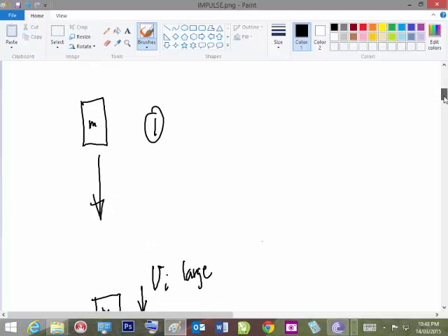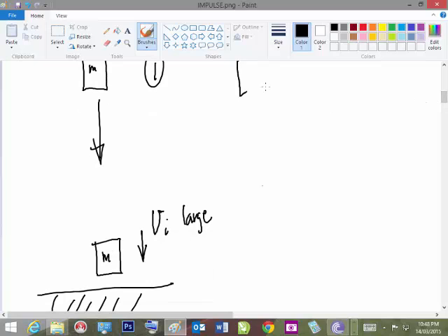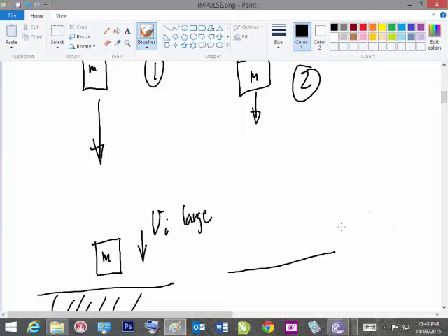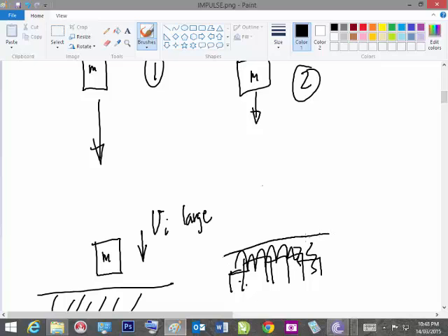Again, we imagine the same mass falling to the ground. This is case 2. But this time, it's not going to hit concrete. Imagine the ground is made up of some softer material, maybe cardboard boxes, or some sort of spongy or springy material.